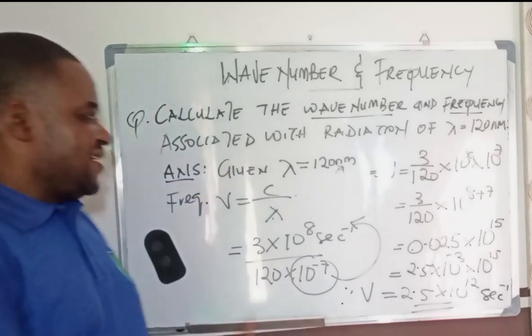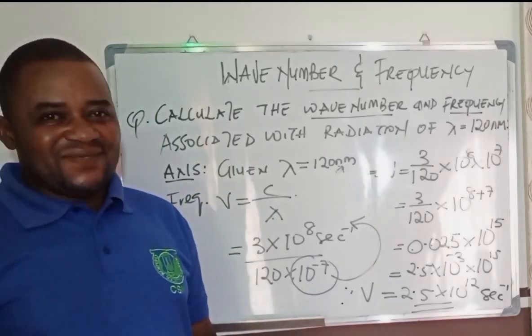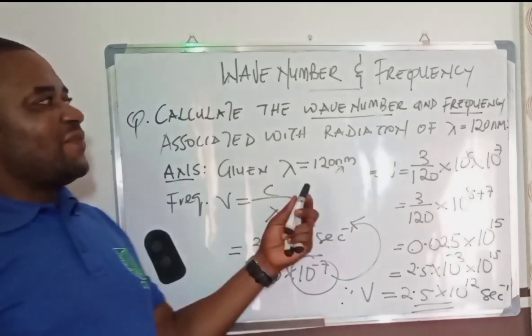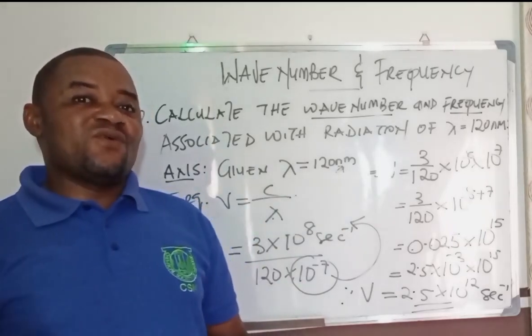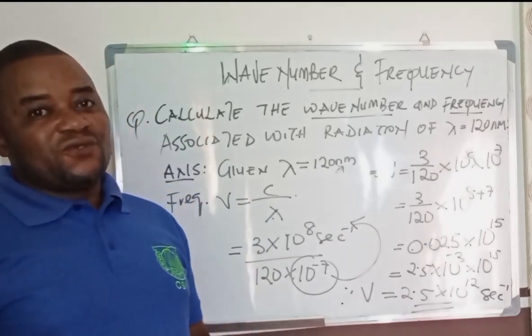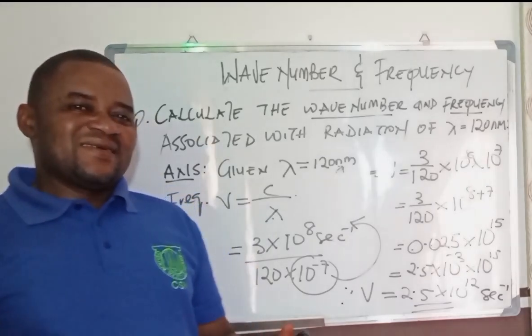I want to believe that you enjoyed this class. You will be able from now to determine wave number and frequency from a simple equation or even a complex one given to you as far as spectroscopic analysis is concerned.